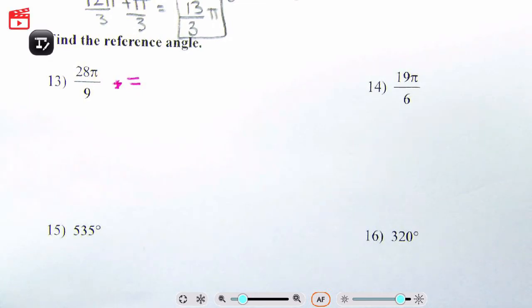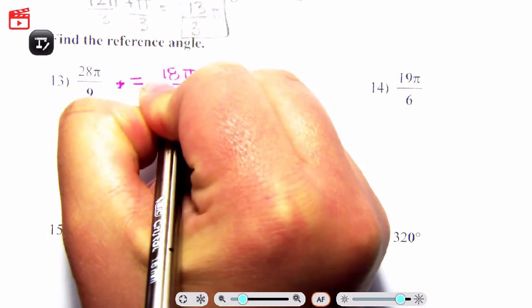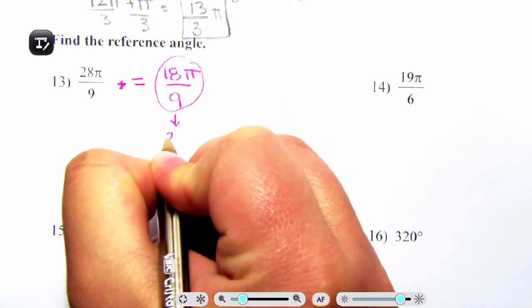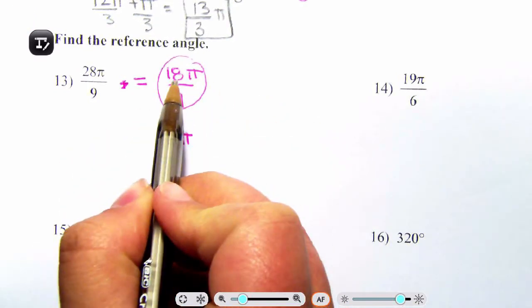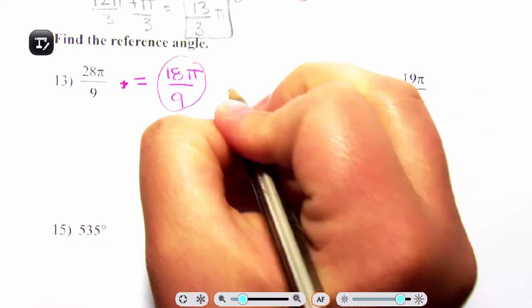2π would be 18 divided by 9, which is 2. So I have 18π divided by 9. This right here, that's 2π. But I have more than 18. I have 28. I have 10 more.